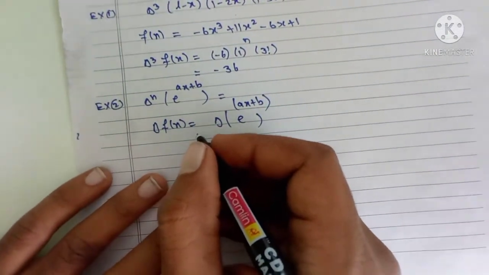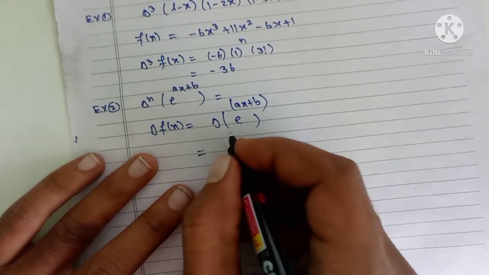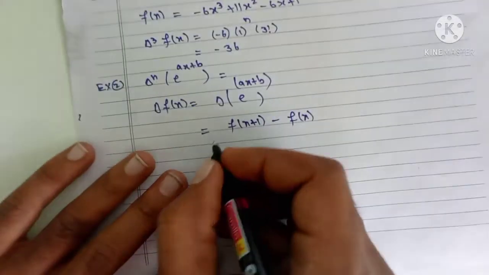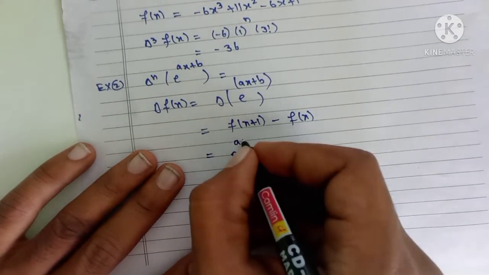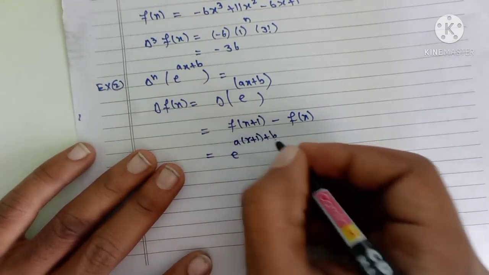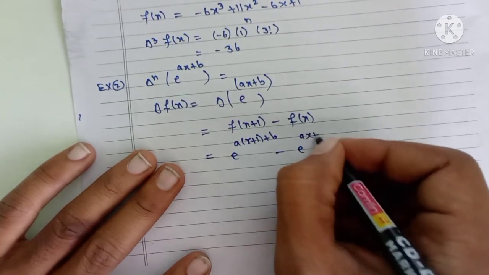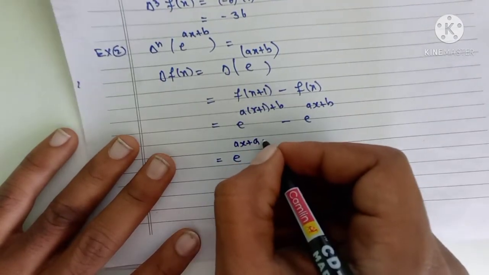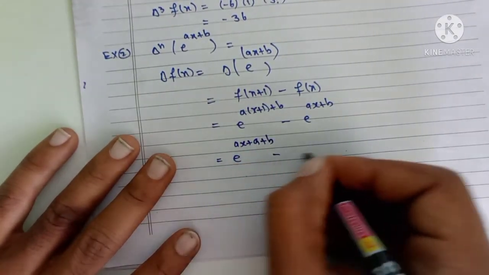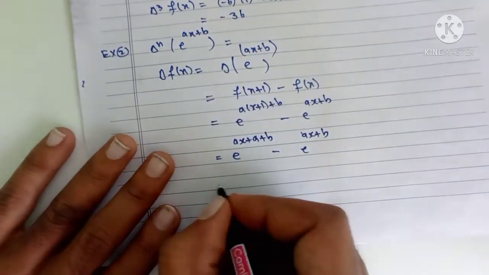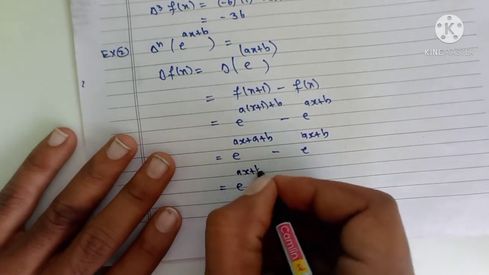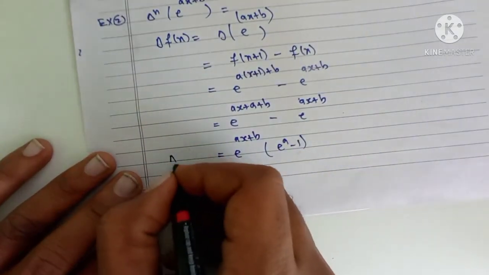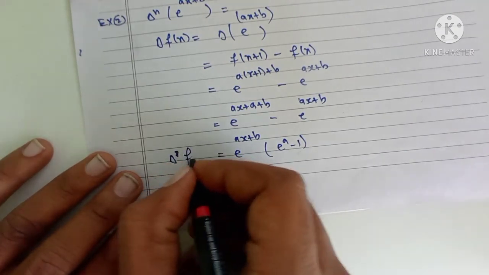So it is equal to f of x plus 1 minus f of x, so e raised to a x plus 1 plus b minus e raised to ax plus b. So it is equal to e raised to ax plus a plus b minus e raised to ax plus b. Now if we take e raised to ax plus b common, then it is e raised to a minus 1. So this is the first difference, delta f of x.